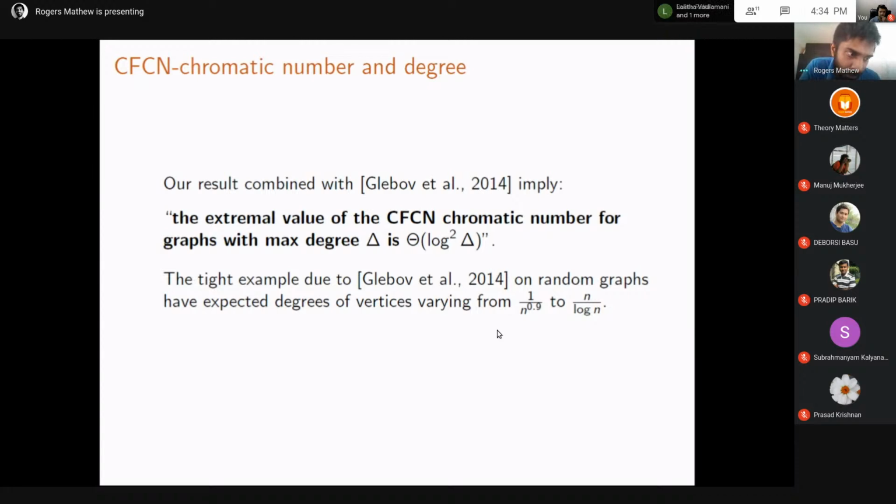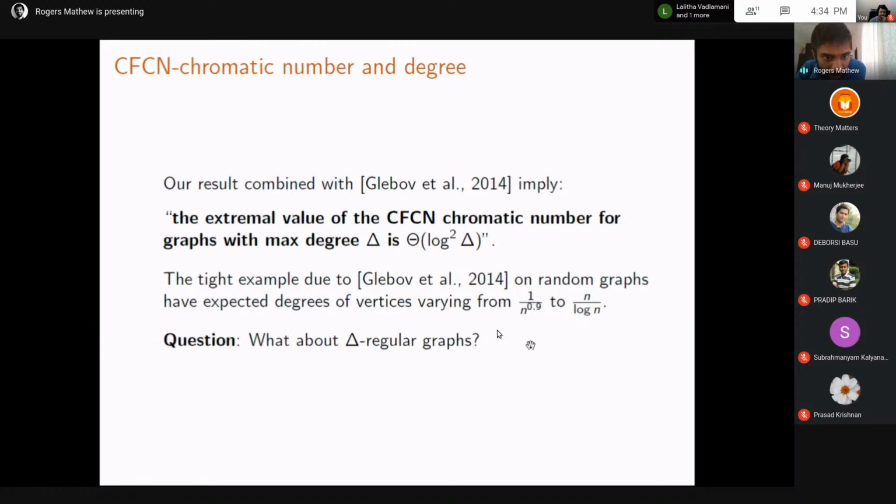That is also a known fact. So you need graphs where at one end it is sparse and at the other end it is dense. The degree is swinging from a very small number to high degree vertices. You have both, and it is for those graphs that you have this tight bound, which requires log square delta.